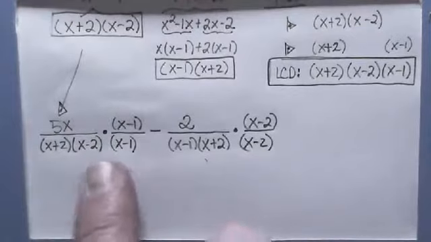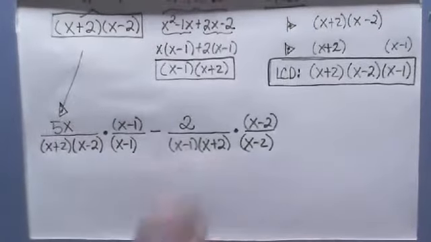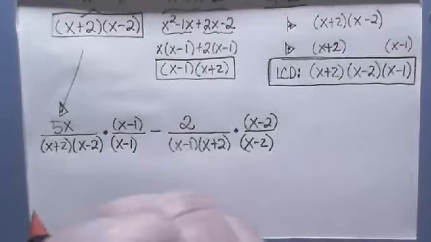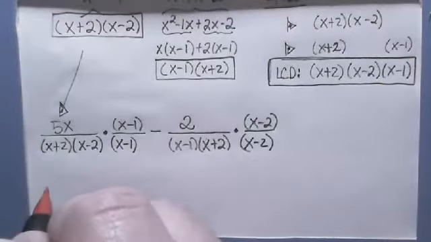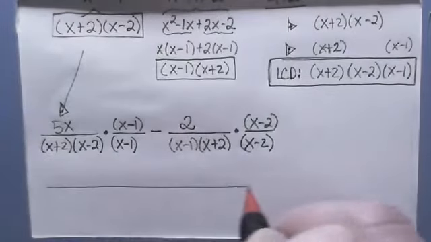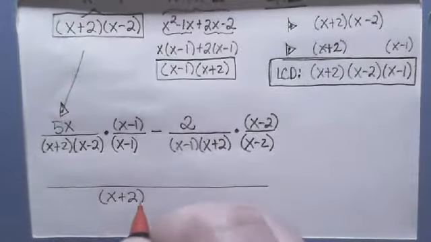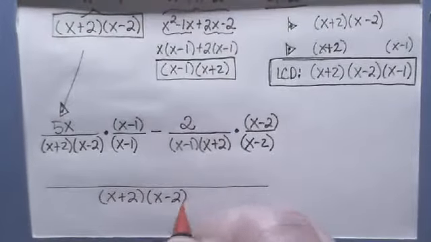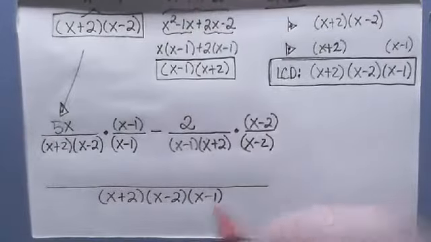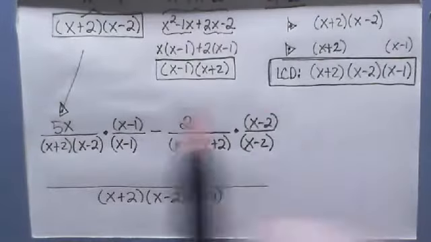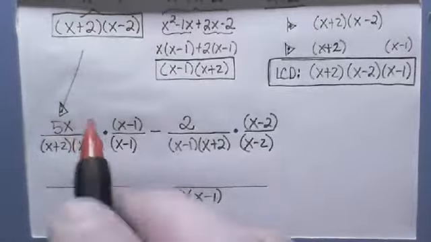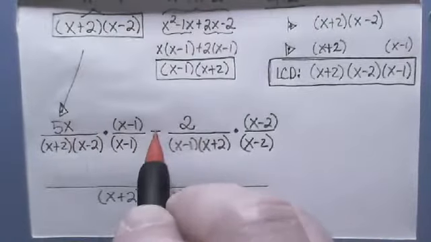We make sure that both rationals have the common denominator. So basically what I can do is write one common denominator, which is x plus 2, x minus 2, x minus 1. And now that I have common denominators, I can do the multiplication and then do the subtraction.